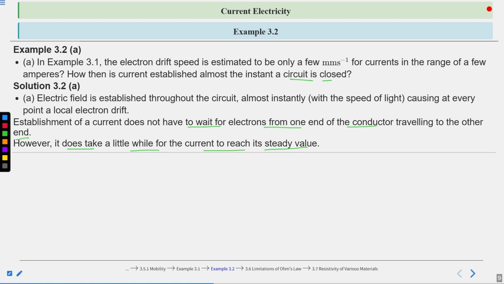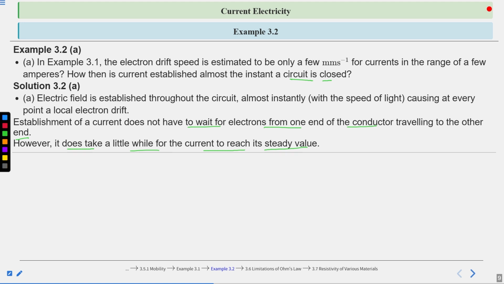Why? Because just before closing the circuit, the velocities of the electrons are random. Just after closing, it will have random velocity or small drift velocity. As we keep the circuit closed, drift velocity increases, and it will go up to a certain limit before collision.